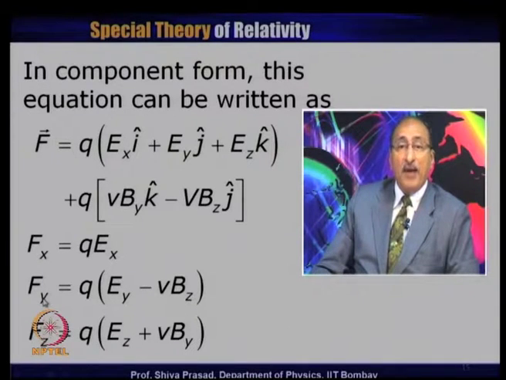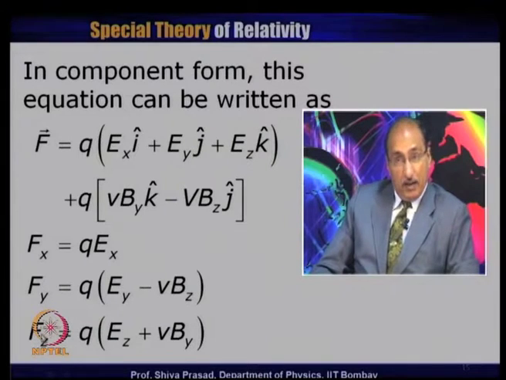For that, I have to pick up the terms containing j. This term contains j, this term contains j, so they are both contributing to a force in the y direction. So, this will be Ey minus V Bz, of course multiplied by q. So, Fy will be q(Ey minus V Bz).